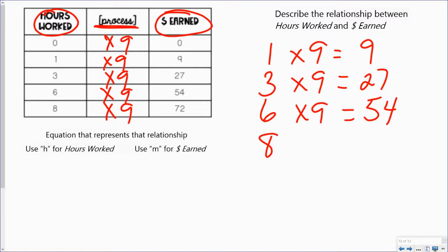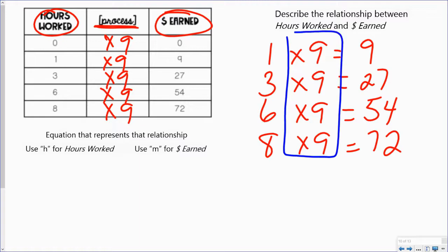If I work 8 hours and I multiply it by 9, I get $72. So my relationship between these two would be this idea that whatever I have for hours worked, I'm multiplying it by 9 to get the amount of money that I'm making. So my relationship would be my hours multiplied by the 9 equals the money that I'm earning.